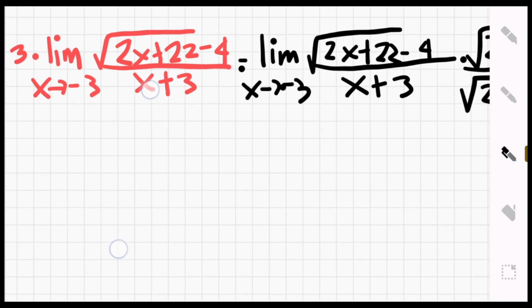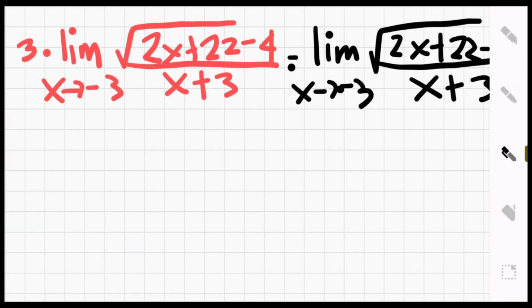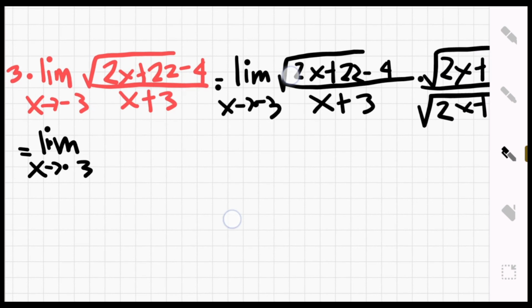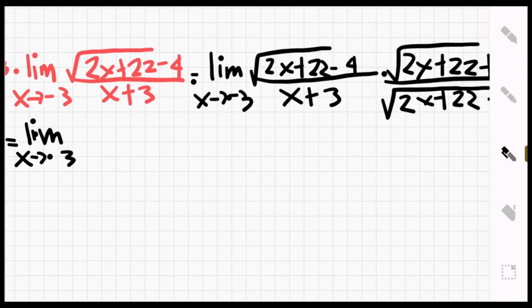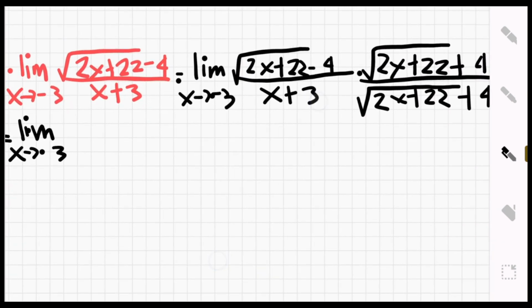And then we have the limit as x approaches -3. So square root of 2x plus 22 times square root of 2x plus 22, the result would be 2x plus 22. And then 4 times square root of 2x plus 22.